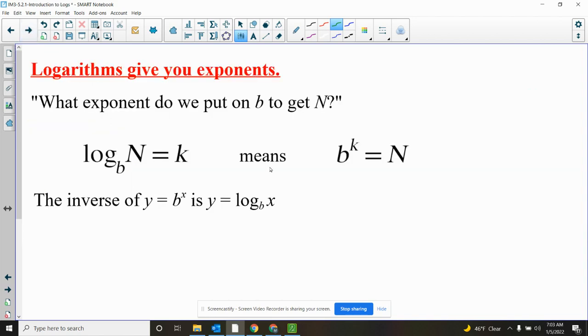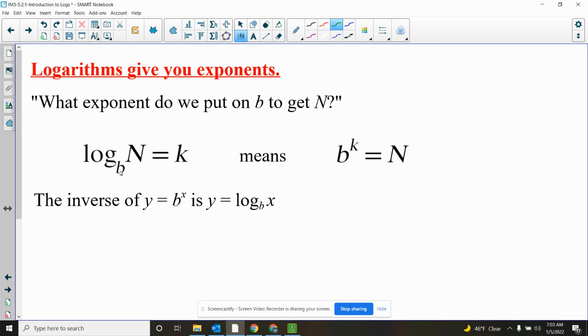The result, the output of a logarithm, is the exponent. It answers this question. What exponent do I need to put on this base number to get this number that's inside the logarithm? This statement here means the same thing as this statement here.